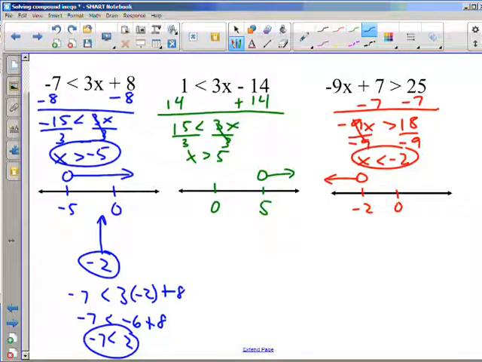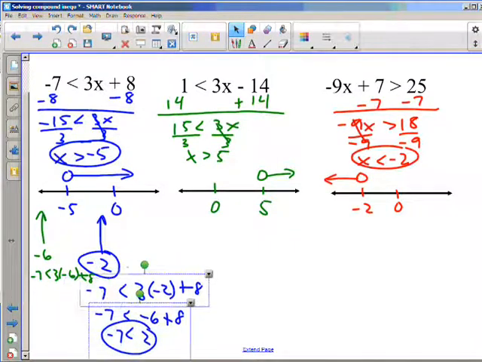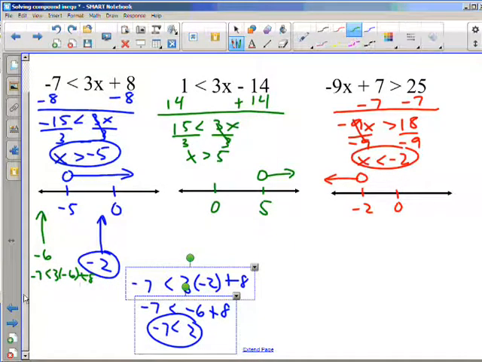That's true. You might want to try plugging in a value that should not work. For instance, if I plugged in a value like negative 6, I'd get negative 7 is less than 3 times negative 6 plus 8. And that means negative 7 is less than negative 18 plus 8.